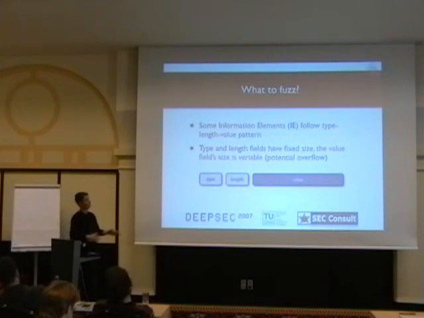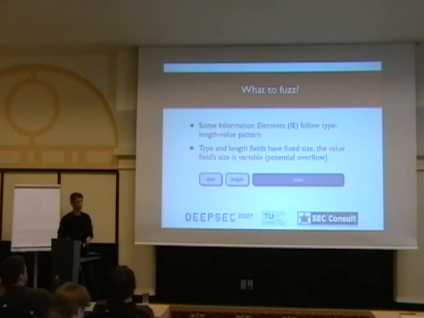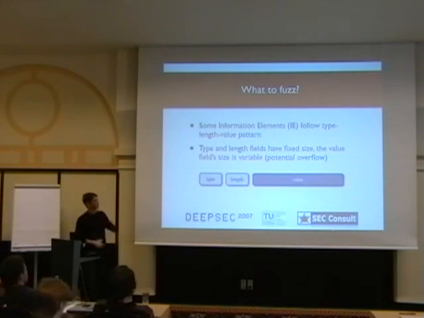So another thing we have to ask ourselves is, what do we want to fuzz? We saw before that we were mainly dealing with management frames, and that the body is made of the so-called information elements that hold the actual data inside a management frame. Those information elements are made up of the type length value pattern, and you can see it down here, maybe some of you know, but basically it's just the first byte or the first couple of bytes, fixed length, saying what is this information.